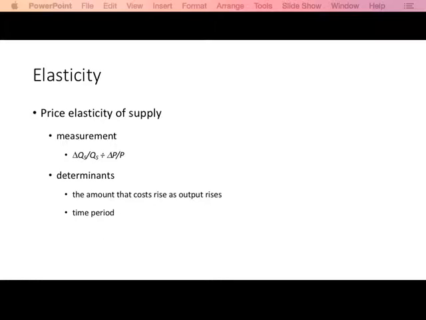Price of substitutes and change in income. Change in income, time period. Is it change in income or something else? It's a proportion of income, yeah? It's the amount of income spent on the good. Yeah, that determines the elasticity of demand.